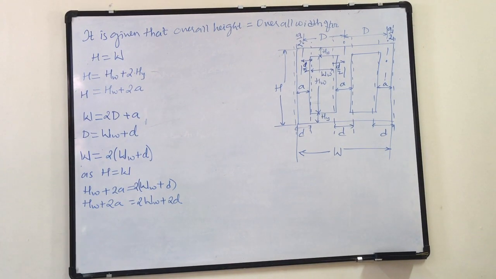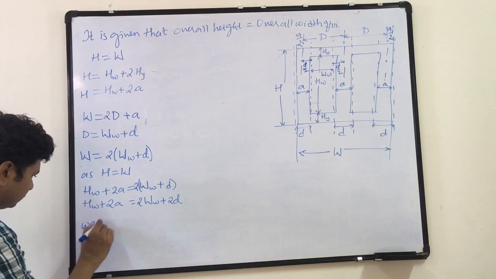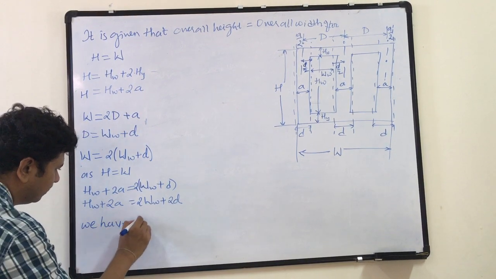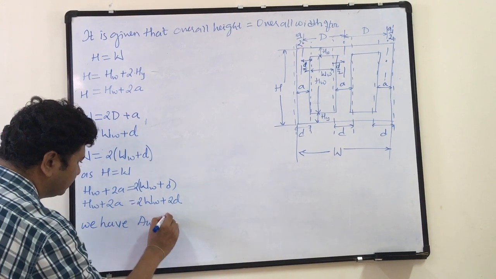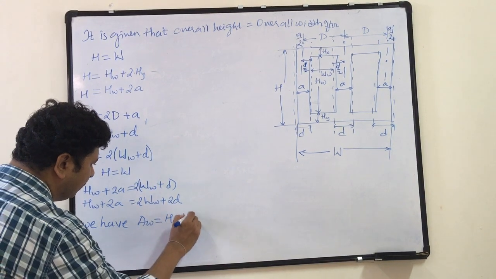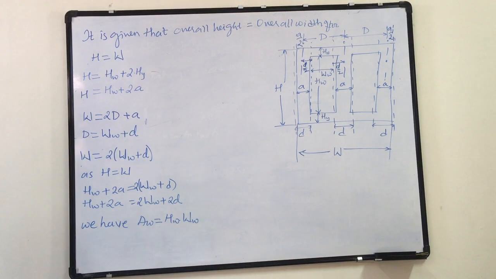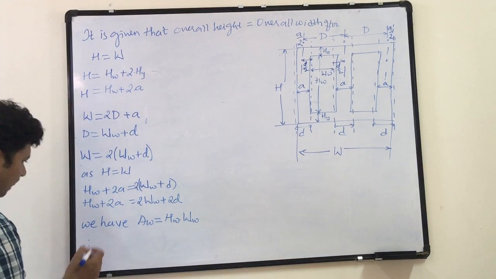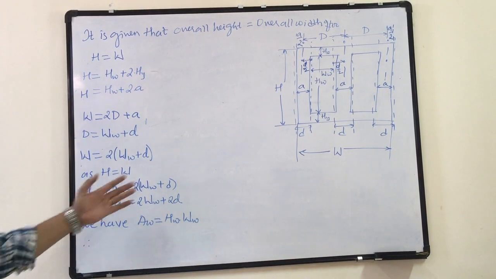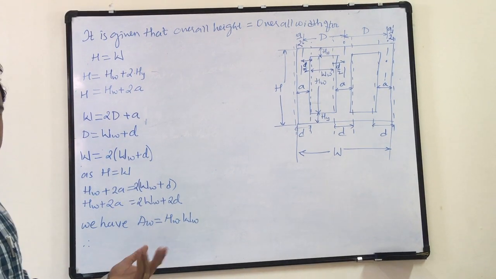We have area of window here. Area of window is equal to height of window into width of window, and I know what is area of window, so it is easy for me. Therefore, either I can represent height of window in terms of width of window or width of window in terms of height of window.